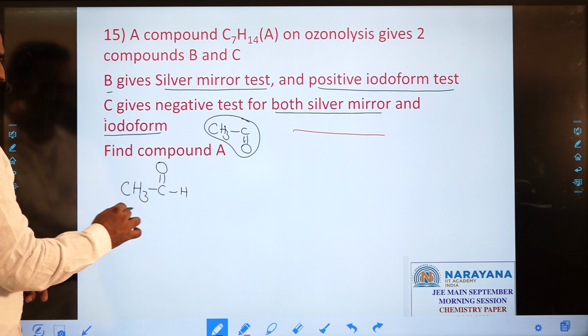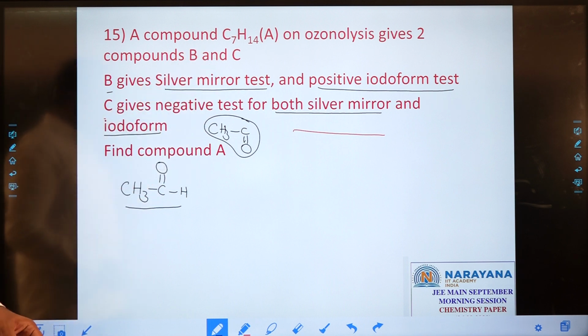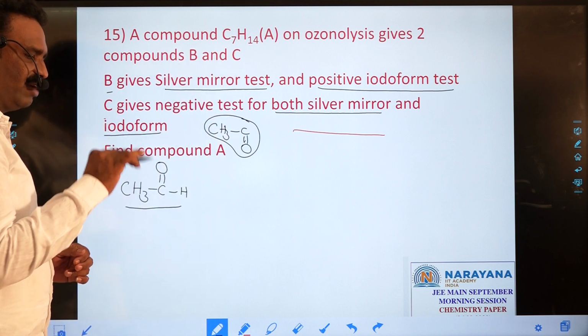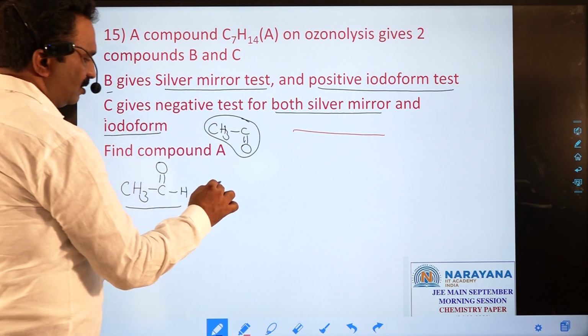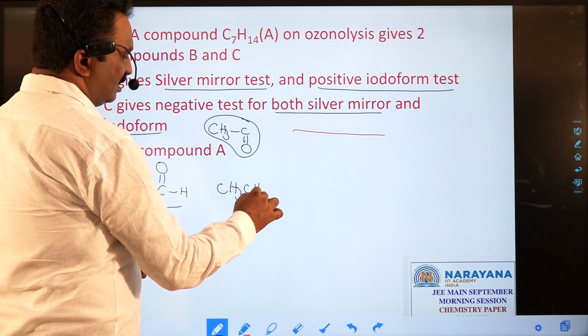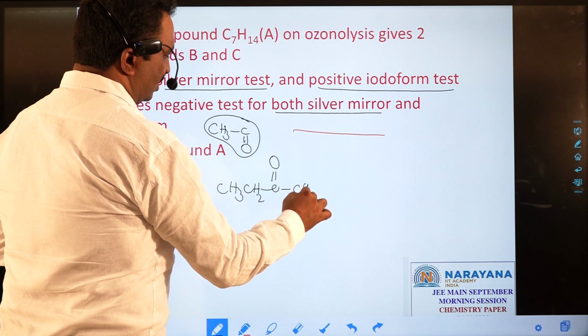So this is one aldehyde, whatever the product obtained here. That carbonyl compound is acetaldehyde. Another one remaining 5 carbons, we have to check that 5 carbons is not with the CH3CO group. So not with the CH3CO group means it is ethyl ketone, diethyl ketone is possible.